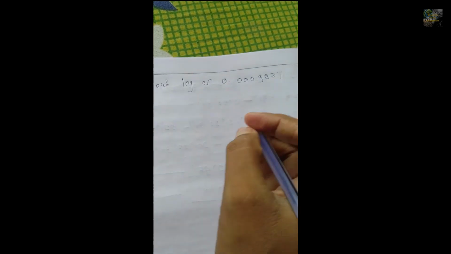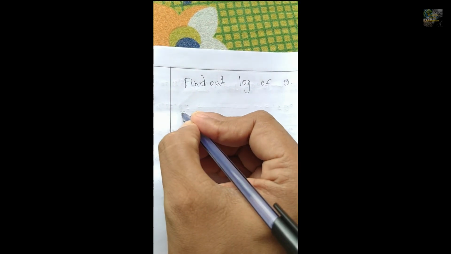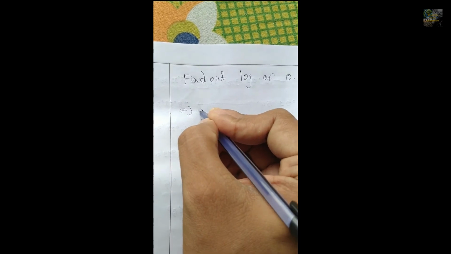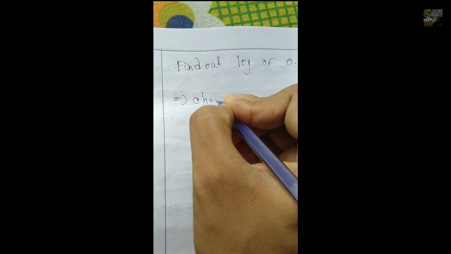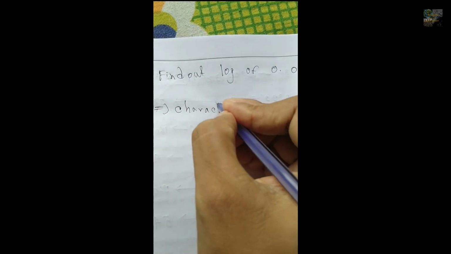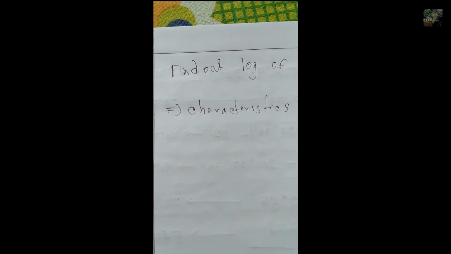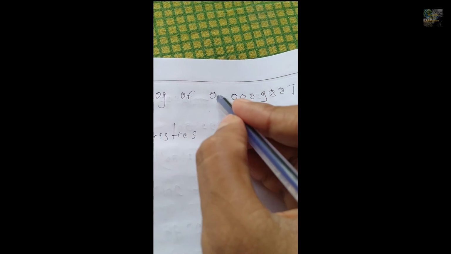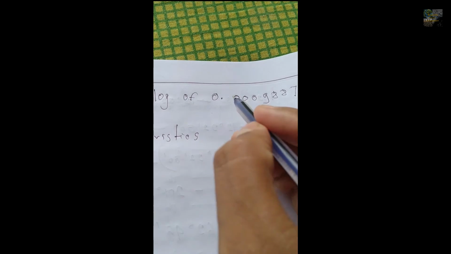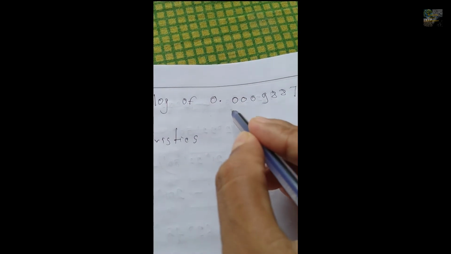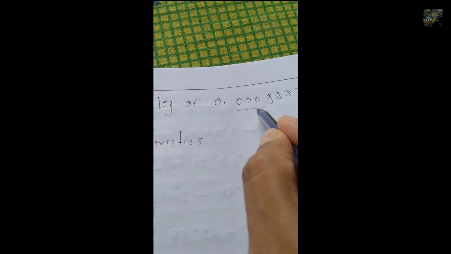So to find out the characteristics, in case of a number below 1, we have to notice the number of zeros placed after the decimal point. You can see that after the decimal there are 3 zeros.